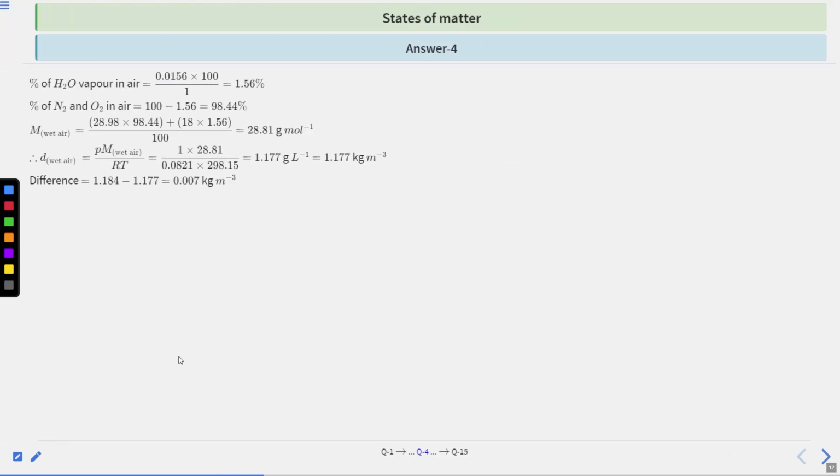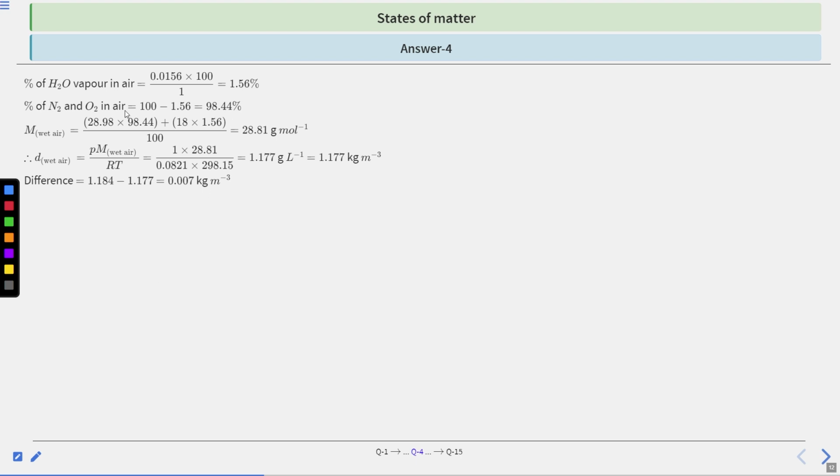Moving to the next question. The percentage of H2O vapor in air will be 0.0156 into 100 divided by 1, which is 1.56%. So the percentage of N2 and O2 in air will be 100 minus 1.56, that is 98.44%.